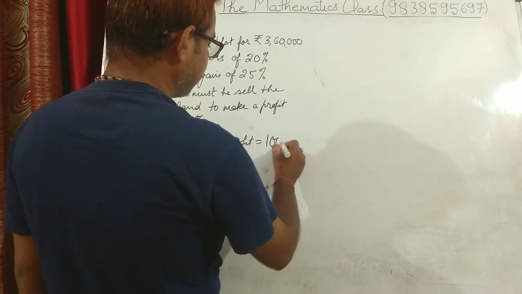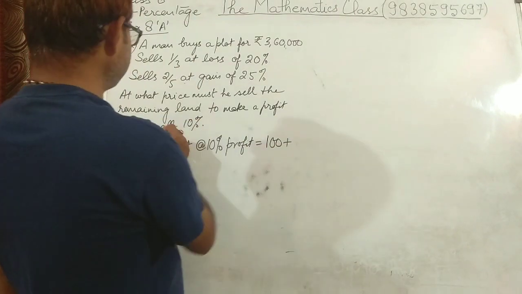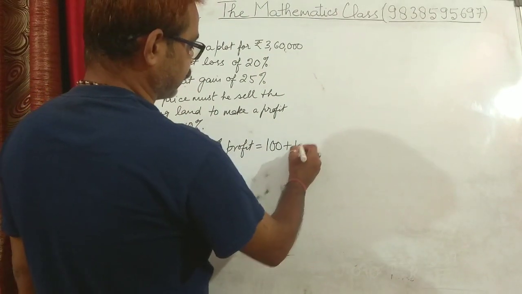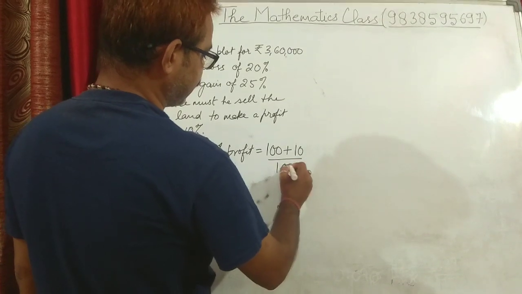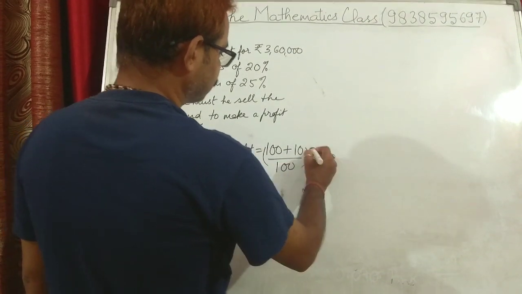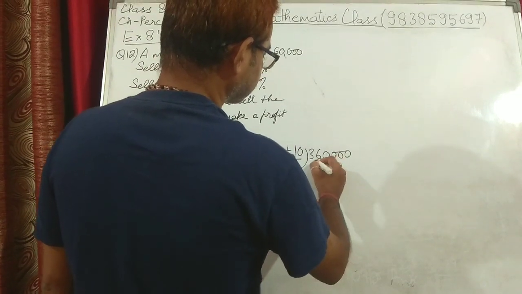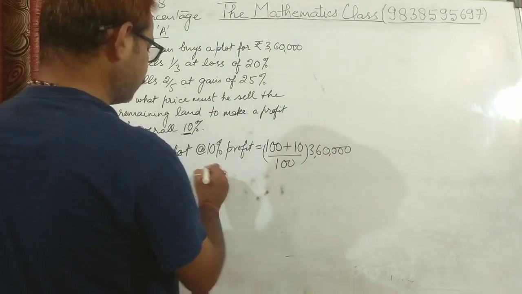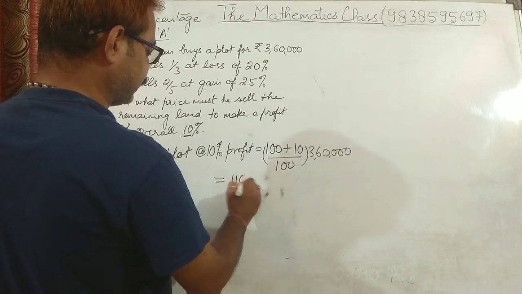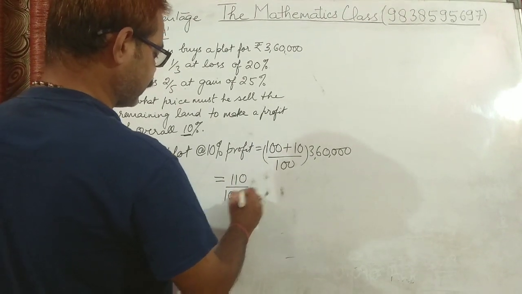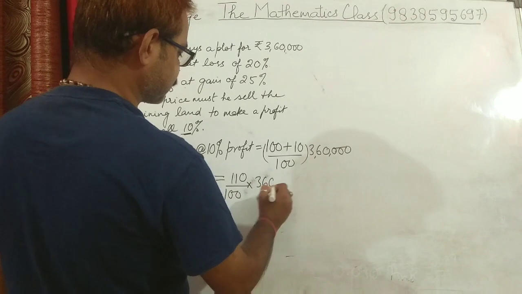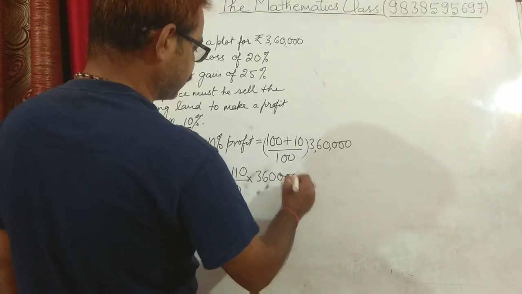So 100 plus profit percent, 10%, upon 100, and CP was 3,60,000. Now this will become 110 upon 100 into 360, and three zeros.